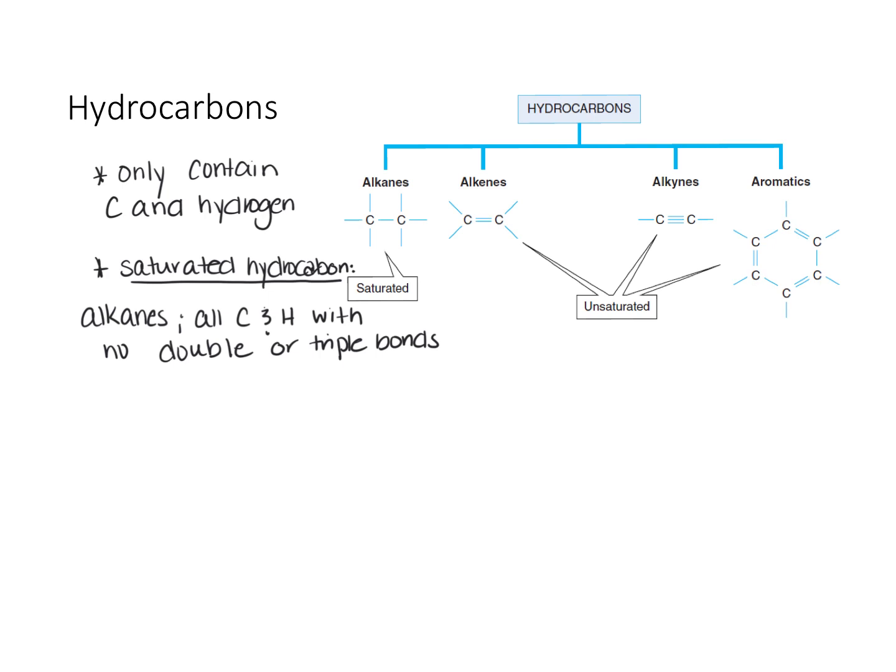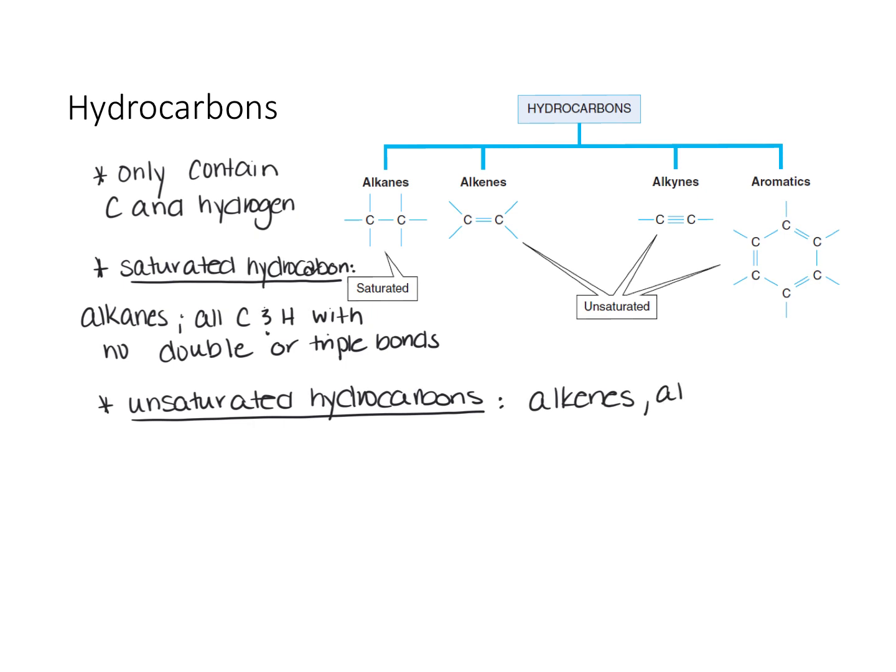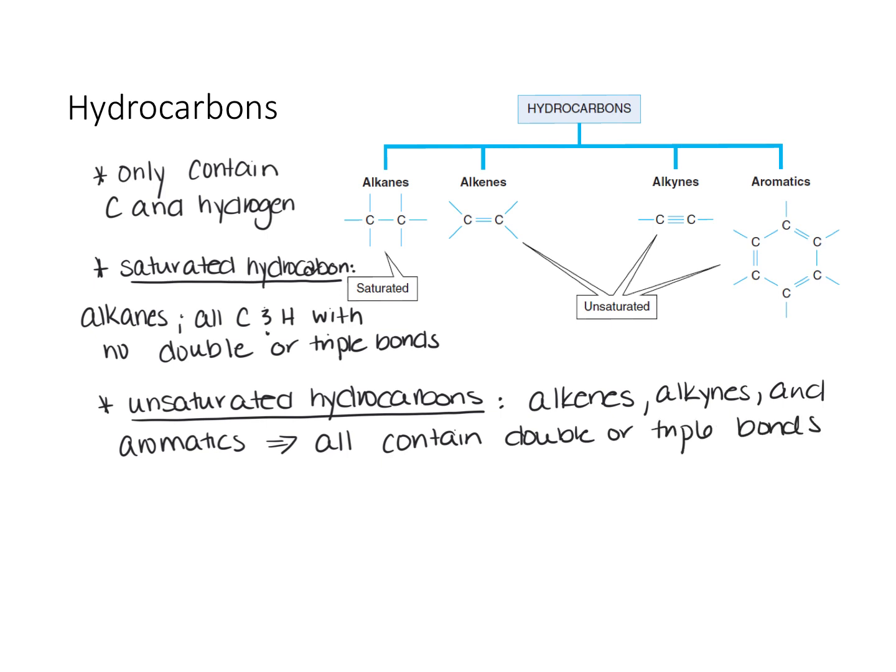Now, unsaturated hydrocarbons, which we're going to look at later, are things like alkenes, which are double bonds, alkynes, which are triple bonds, and they're shown here in the image, and aromatics, and these all contain double or triple bonds.